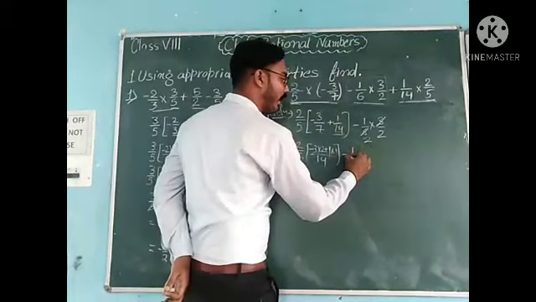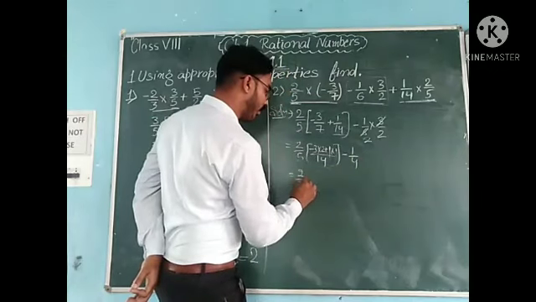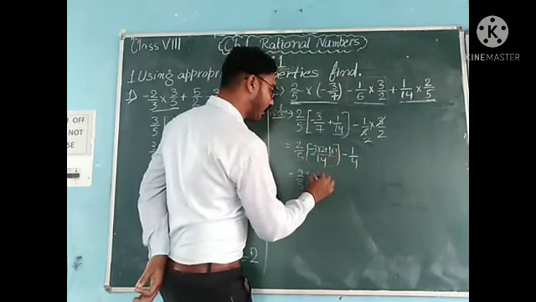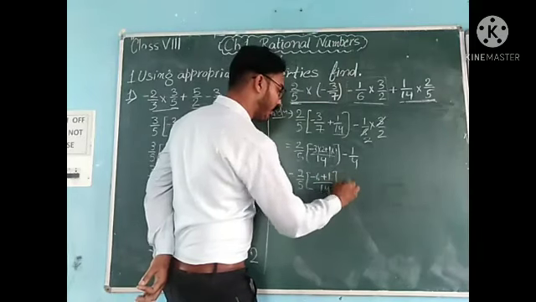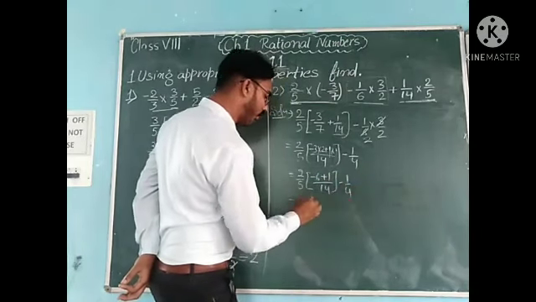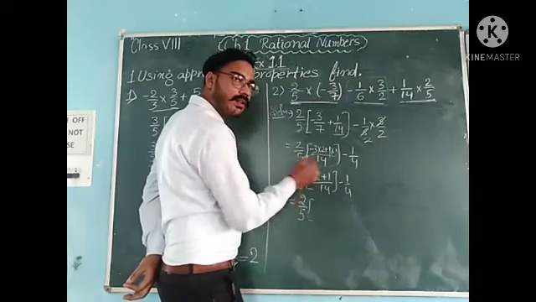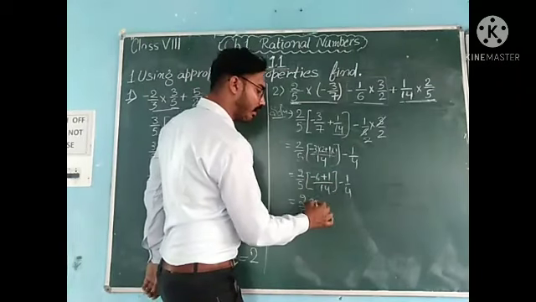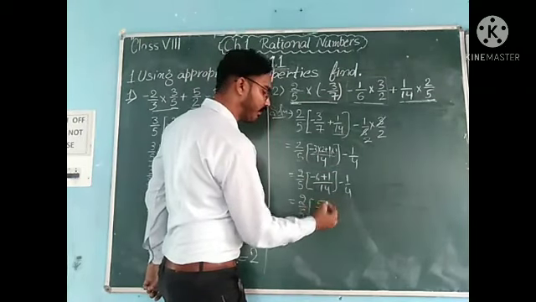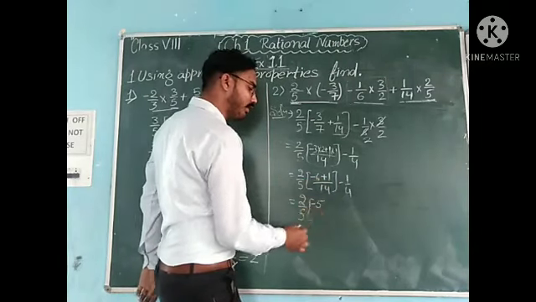Minus 1, 2 2s are 4, 2 by 5, 3 2s are 6, plus 1 by 14, minus 1 by 4, 2 by 5, minus 6 plus 1, minus plus minus, so minus कर दो. 6 minus 1, 5. Sign will be of the greater one. 6 is greater than 1, so sign of the 6.